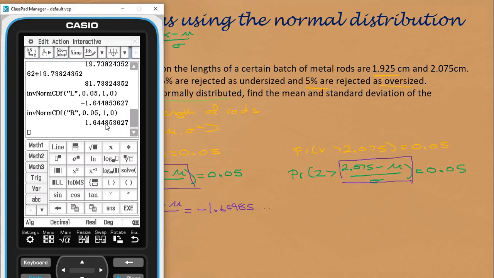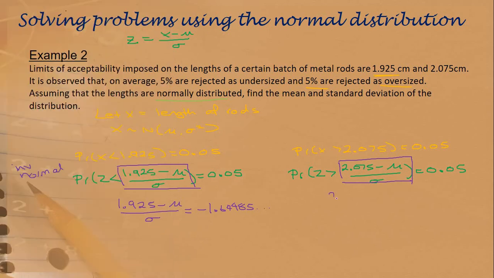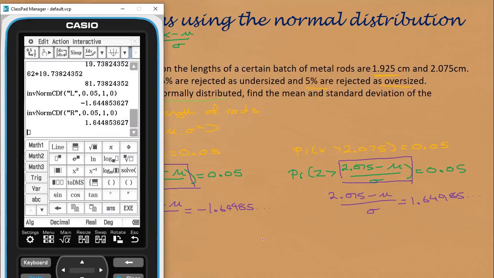And we get 1.64485. So that means that I've got 2.075 minus the mean over the standard deviation equals 1.64485 and so on. Now we can just solve these simultaneously in our CAS.